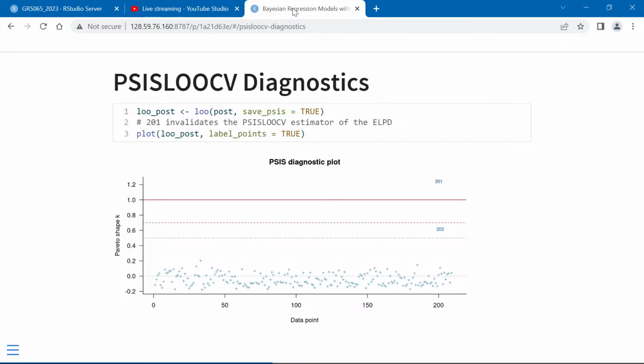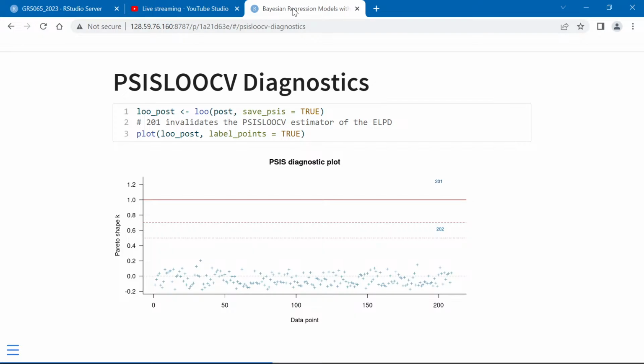It doesn't have a finite expectation, and should not be used. That does not mean the posterior distribution is in any way invalid, although it might be. But it does mean the Pareto smoothed importance sampling leave-one-out cross-validation estimator of the expected log predictive density of n future data points is invalid.